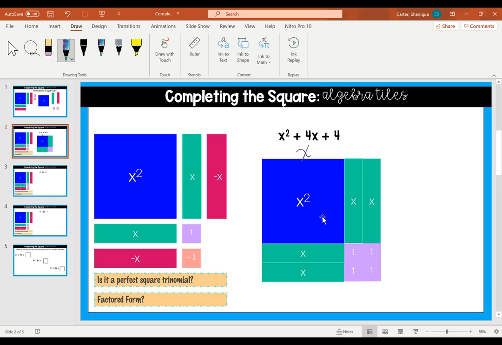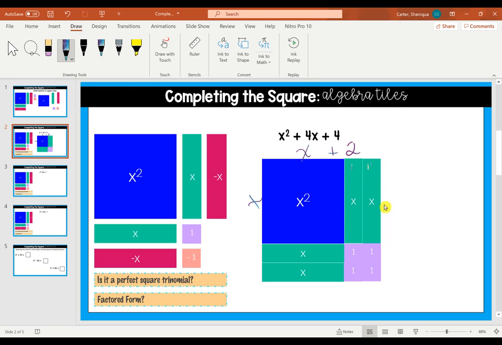And that means this also has a side length of x because it's the same. Well, what about here? What does this green rectangle have a length of? Of 1 unit. Notice how it literally fits perfectly in there. So it has a length of 1 unit. So 1 and 1, that means I got 2. So this entire side length over here is x plus 2.